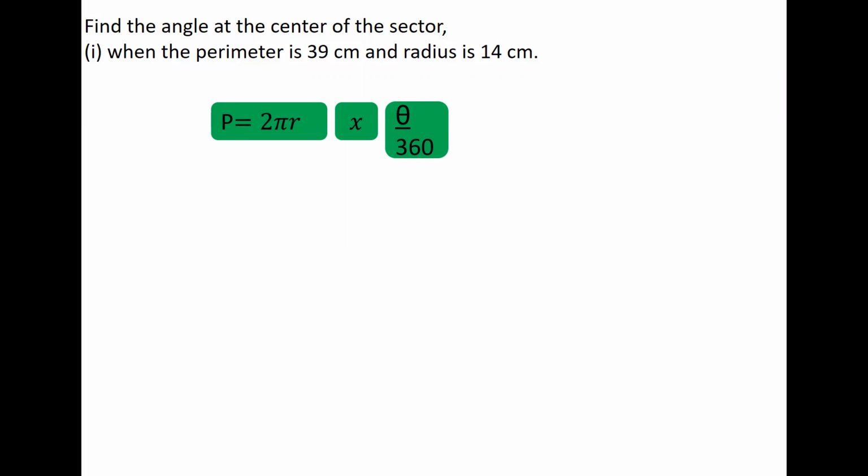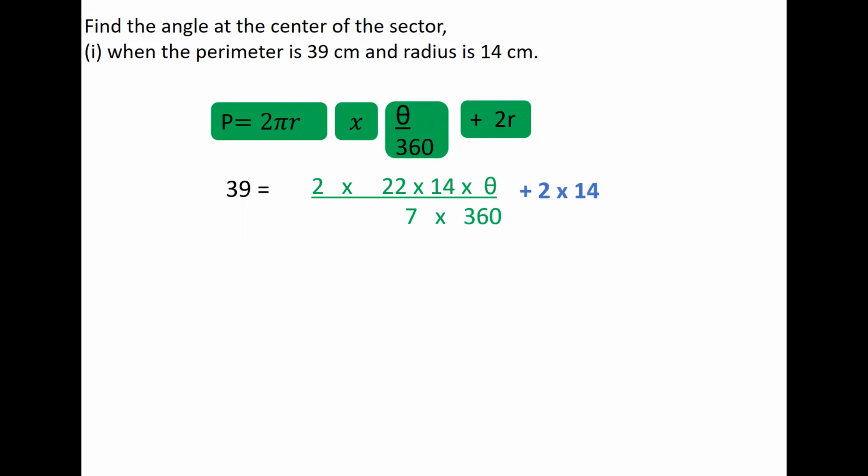So 2 pi r into theta over 360 plus 2r. අපේ formula. හරිද? So we apply the numbers to the formula given. So 39 equals 2 pi r, that is 2 into 22 over 7 into r, which is given here as 14, into theta over 360, plus 2r.